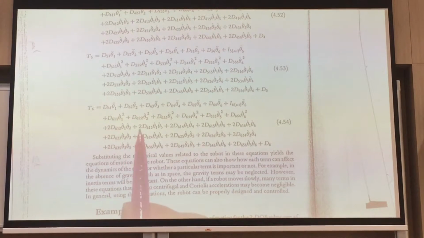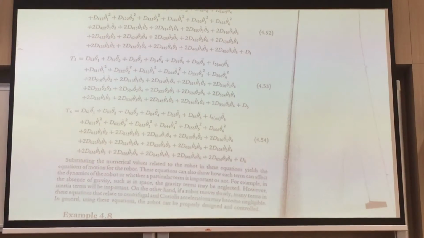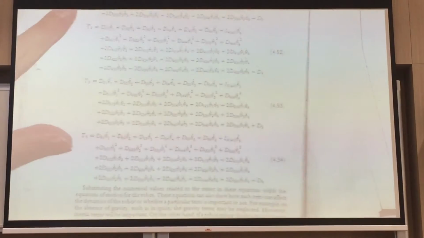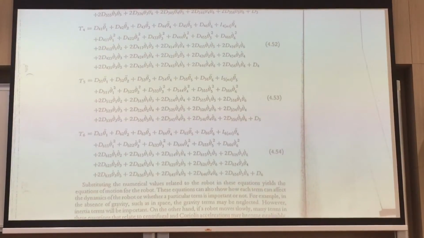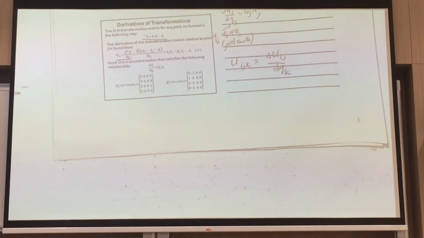This is how you understand the numbers for the individual D matrix. The D matrix is the inertial matrix. If you are interested, you can go through up to page 166. Your textbook has quite a detailed explanation of each of them.